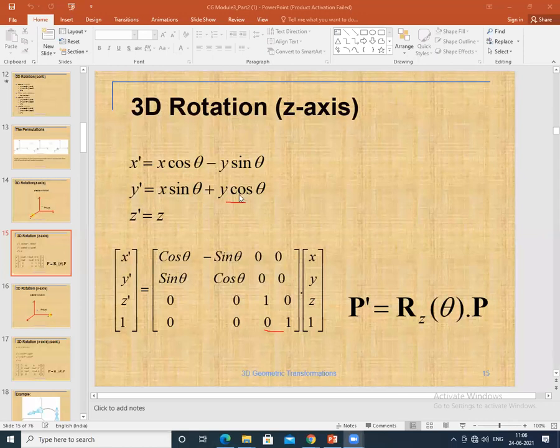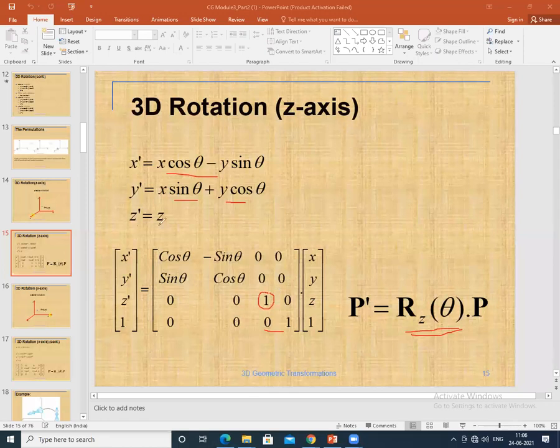Because we already had two-dimensional rotation along the x-axis and y-axis in 2D. At that time we had the same equations for x bar and y bar. We didn't have z bar; z bar was the homogeneous part. Since here we do consider a z-axis, z bar equals z when you rotate along the z-axis.